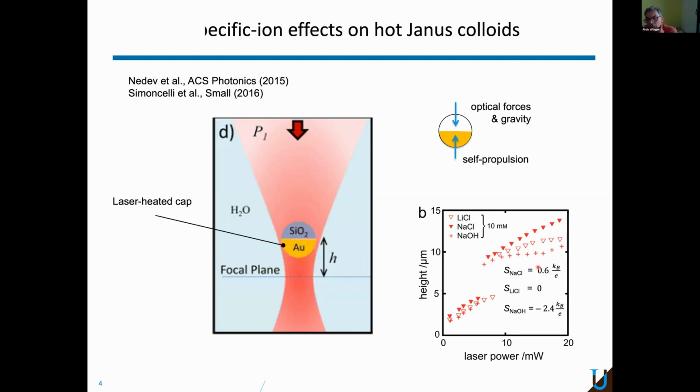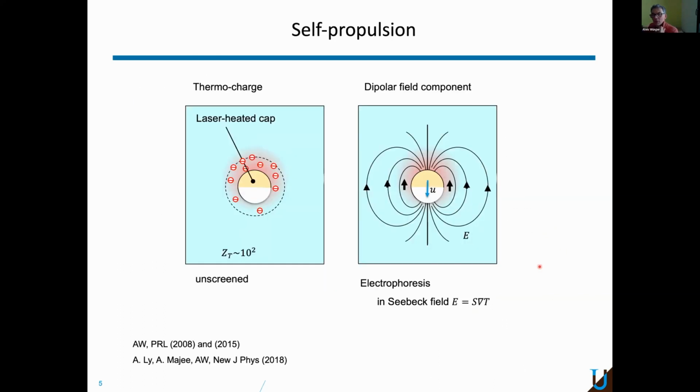Now, why does one observe this difference? When you look at such a particle which is heated by the laser, there is an excess temperature, so it is hotter than the surroundings, and then you have some thermocharge accumulating on the particle. So this is a hot surface which you have seen before in a 1D geometry, which is now spherical geometry. The hot surface is a particle surface. The cold surface is a vessel, which is far away at infinity if you want.